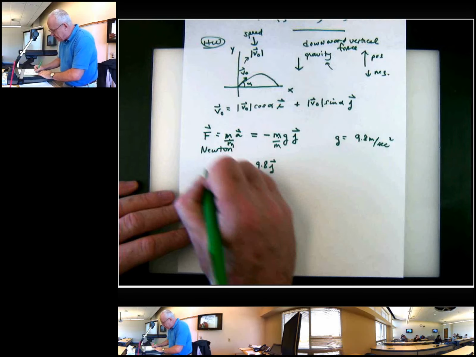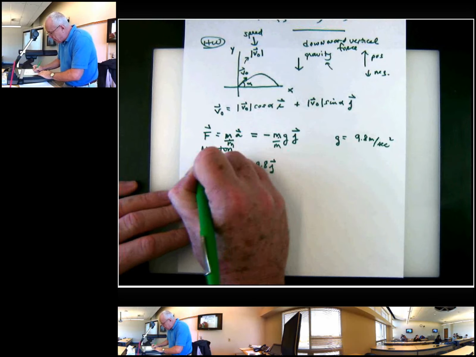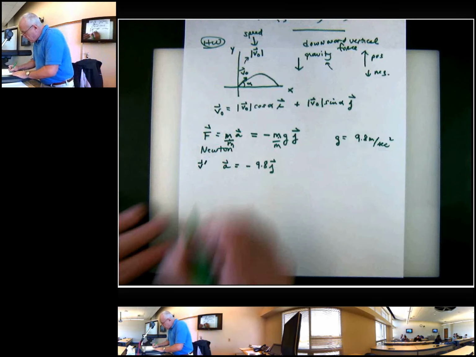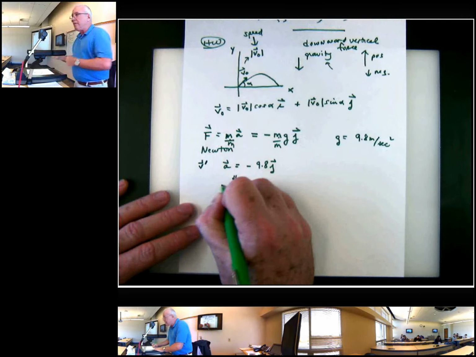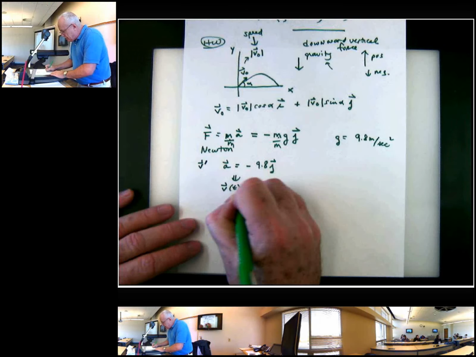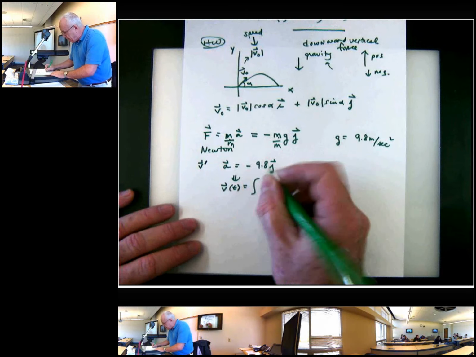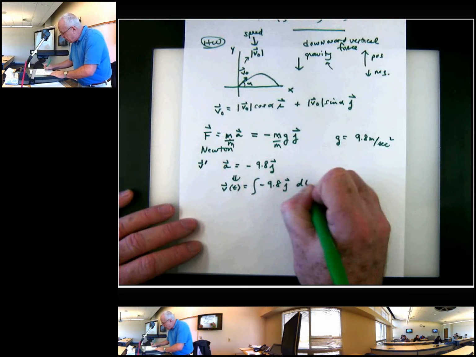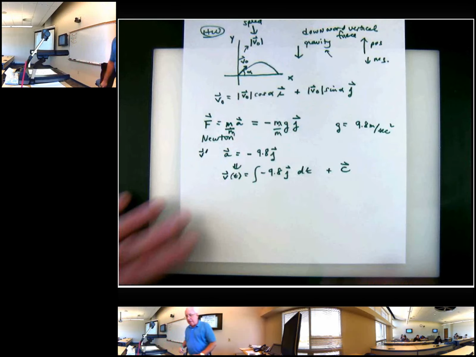Now we can get the velocity. We notice that the acceleration is the derivative of the velocity vector. So just like in the very last example, the velocity at time t is going to be the antiderivative plus some general constant vector.